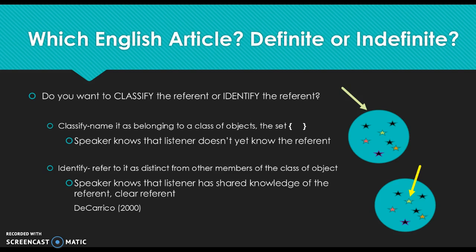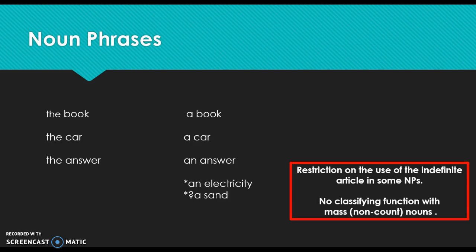Okay, now let's look at some more. So we have, these are the same noun phrases, but I added some here. Would we say, I had to pay for an electricity, or I have a sand?